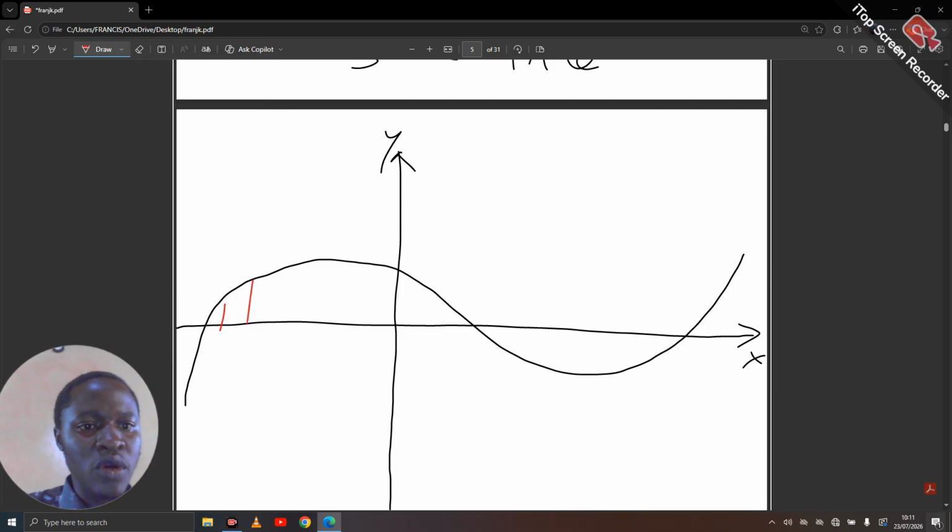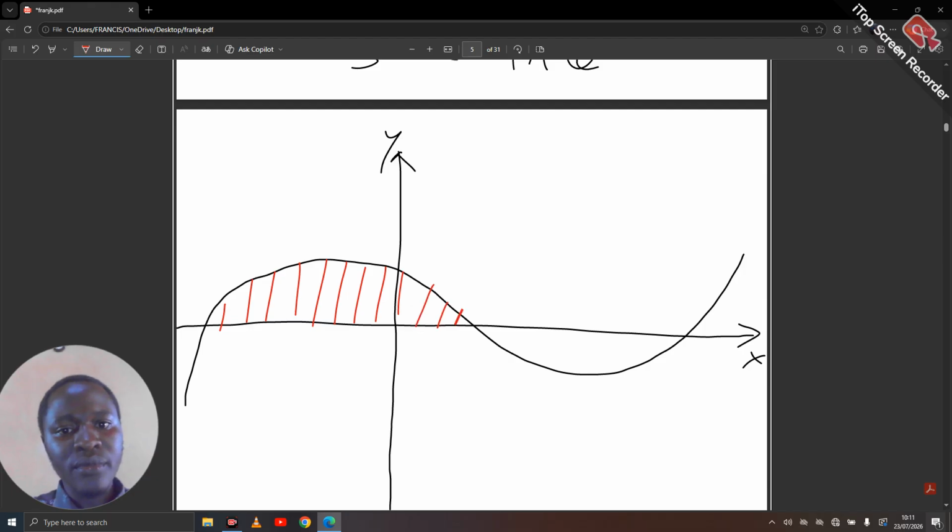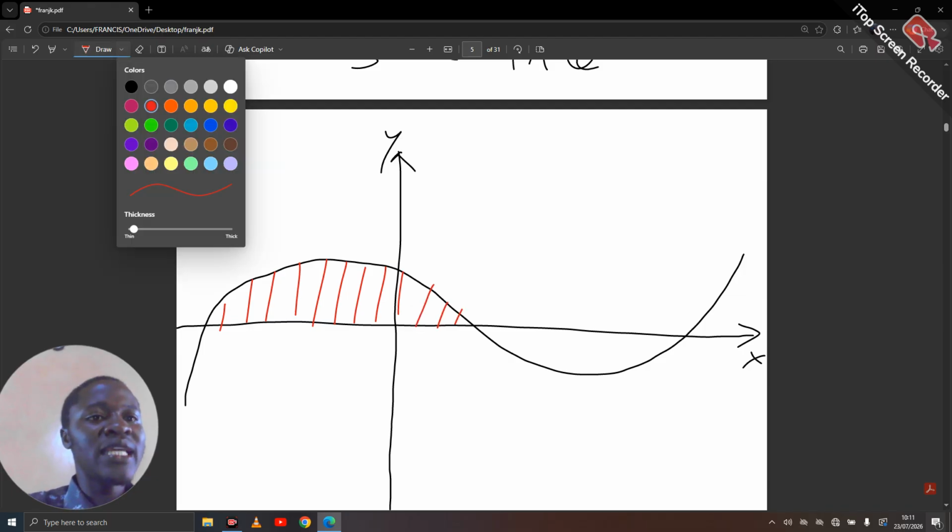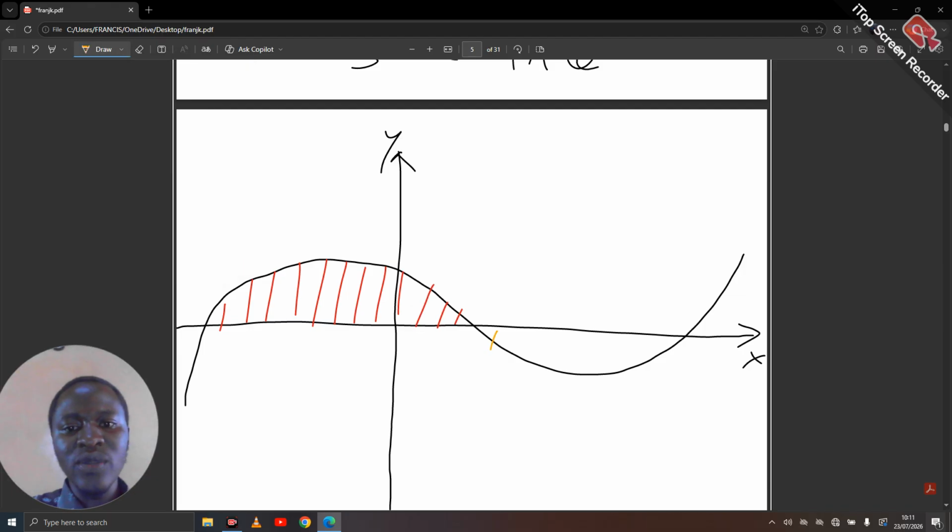We have the first body here, and we have the second body at this one. So there are two, but remember, they share the same function.